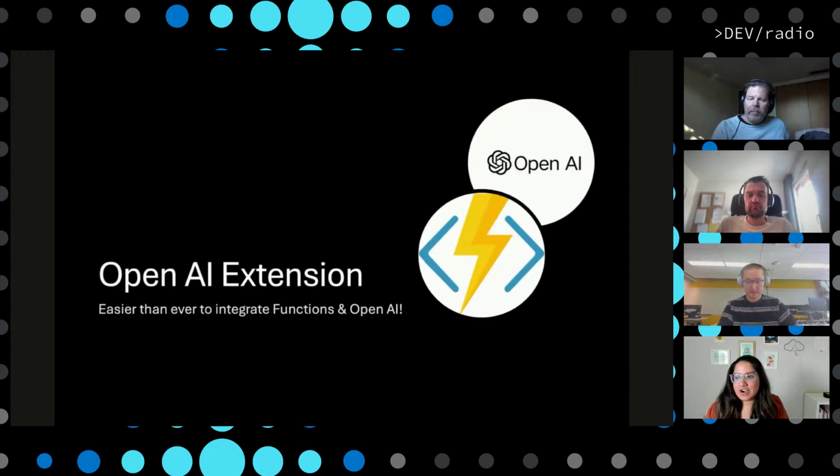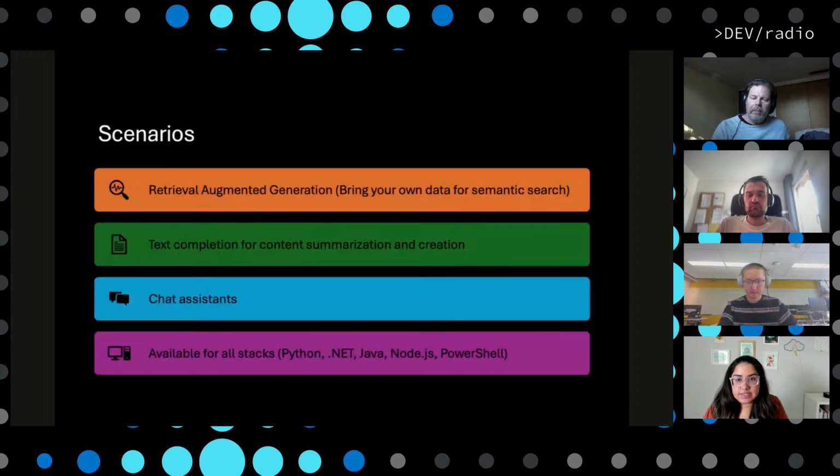Next, I'm just briefly going to talk about the OpenAI extension. It's now easier than ever to integrate Azure Functions and OpenAI. We've very recently released this new extension, and some of the core scenarios that are supported include retrieval augmented generation, so RAG, basically the idea that you can bring your own data for semantic search, also text completion, and chat assistance as well.